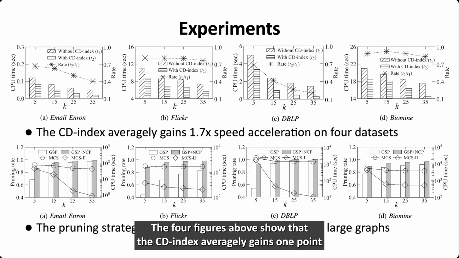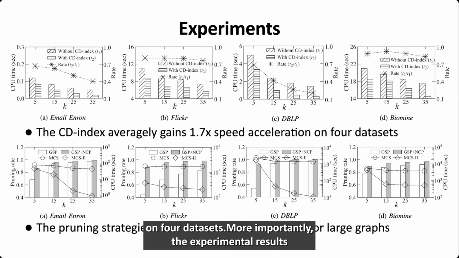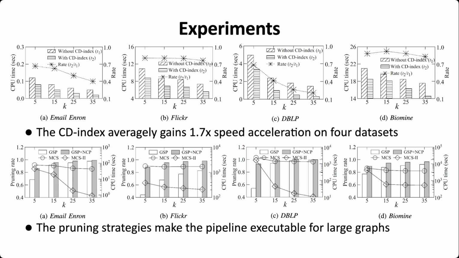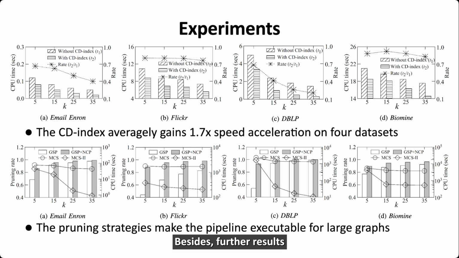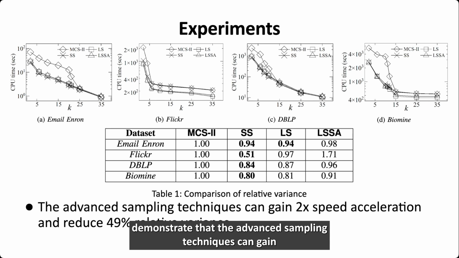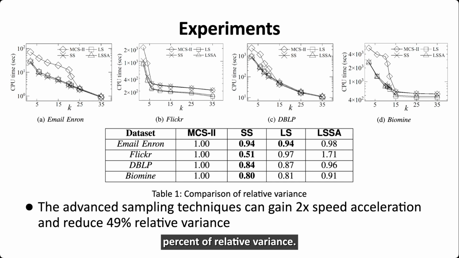The 4 figures above show that the CD index averagely gains 1.7 times of speed acceleration on 4 datasets. More importantly, the experimental results in the 4 figures below conclude that the pruning strategies make the pipeline executable for large graphs. Besides, further results demonstrate that the advanced sampling techniques can gain 2 times of speed acceleration and reduce 49% of relative variance.